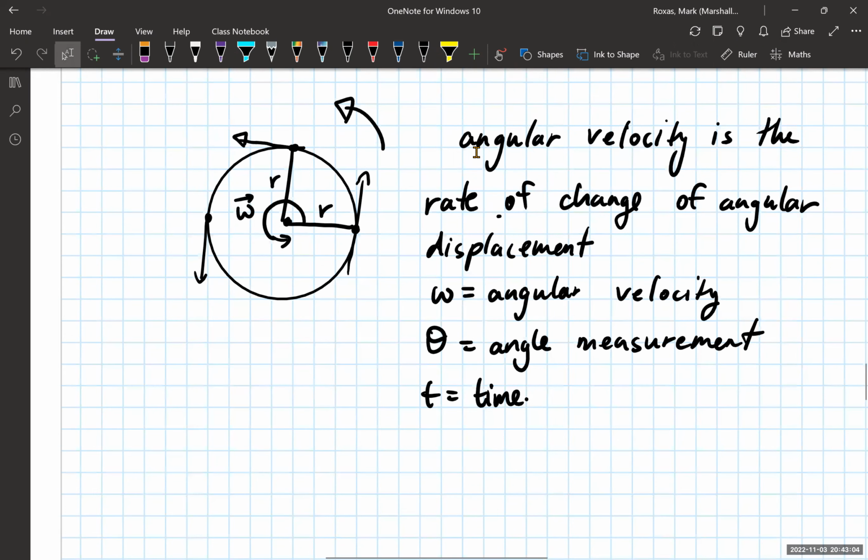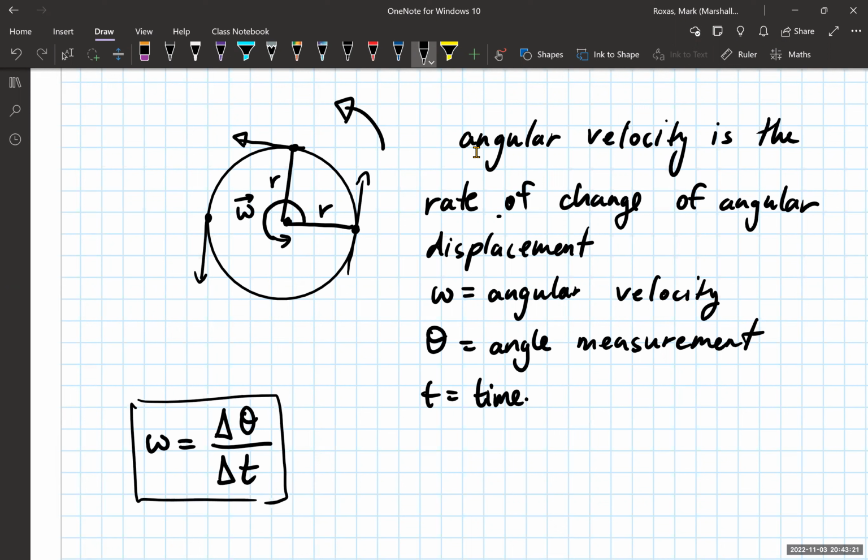So the formula is the change of theta, that's the displacement, how the angle changes from one position to the next, divided by the change in time. That's angular velocity, and it's very much parallel to linear velocity, which is the change in displacement over the change in time.